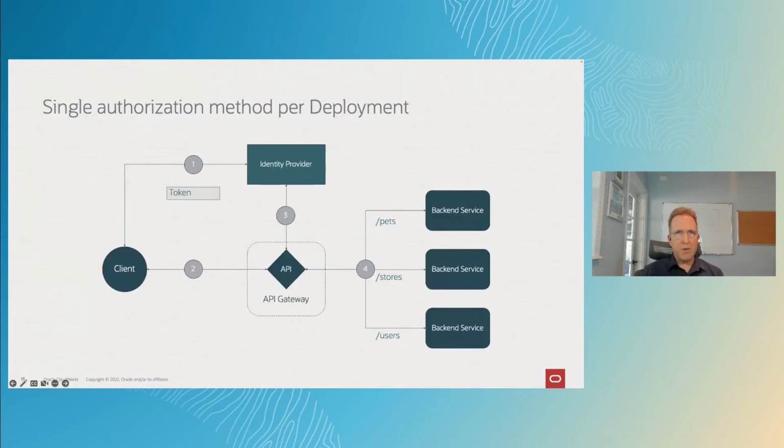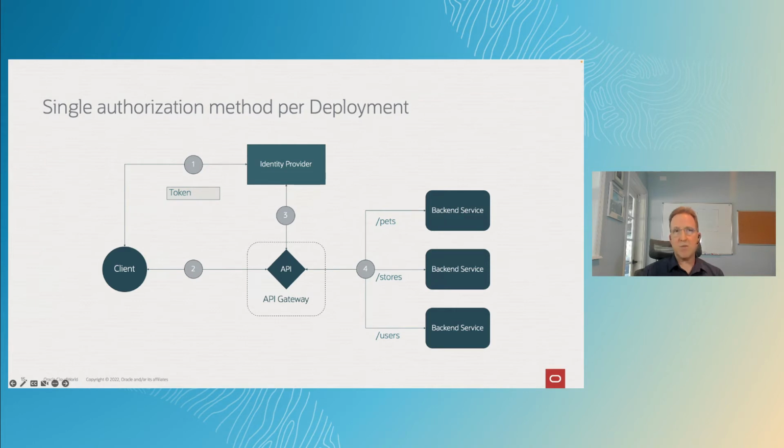But before I do, let me go ahead and touch on a general flow that we have with authorization. This is basically OAuth 2, where the client will go to an identity provider, will authenticate with that identity provider, and receive a token or a bearer token that gives them authorization to call the API. Using that bearer token, the client will call the API, and API Gateway will validate that that token is legitimate from that identity provider.